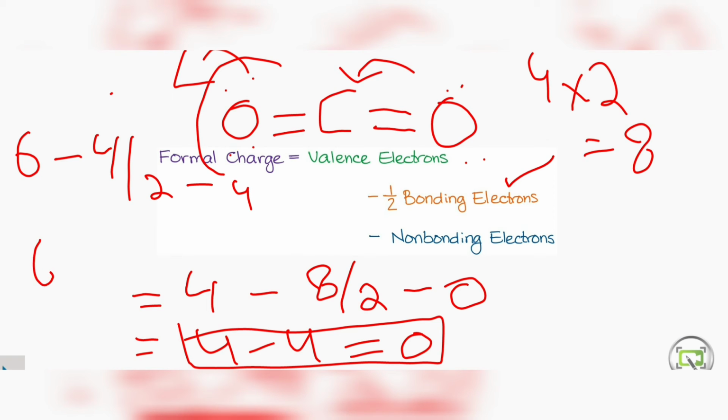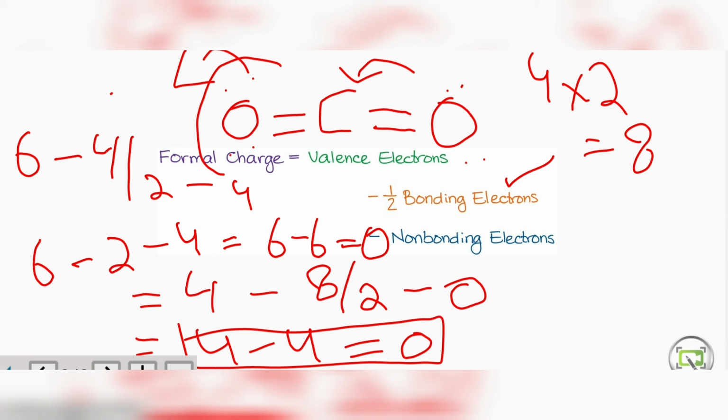So 6 minus 2 minus 4, so the answer is 6 minus 6, and that comes out to be 0. In this way we can calculate the formal charges of each atom in the molecule.